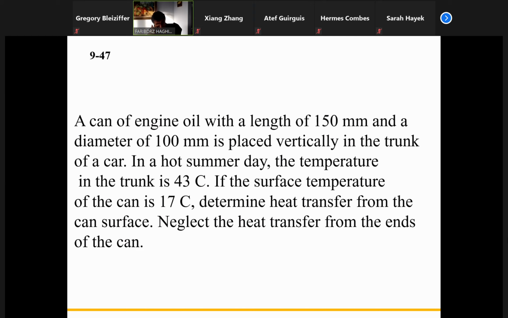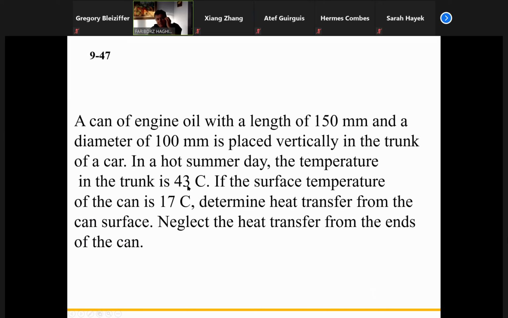Read the problem. I believe the problem is from your textbook, 9.47, if I'm not making a mistake. I don't know if it's the 5th edition or 6th edition. A can of oil. Therefore, now we are dealing with cylindrical geometry. It mentions the dimension, the length, and the temperature of the surface.